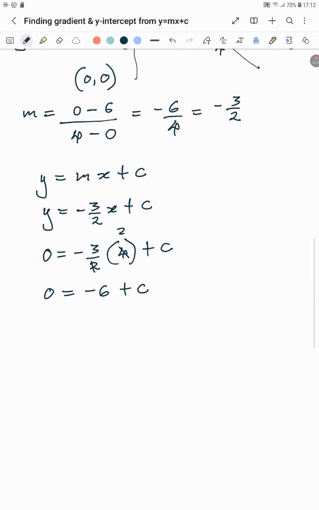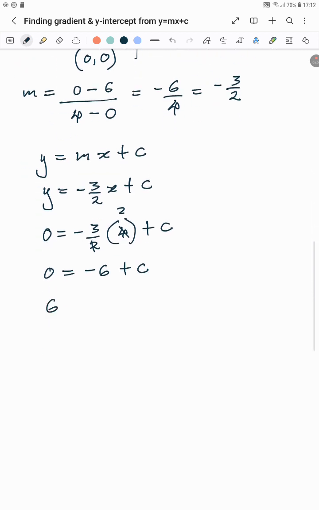And here you're going to find that 6 is equal to c. So our equation will look like this. y is equal to minus 3 over 2 x plus 6.